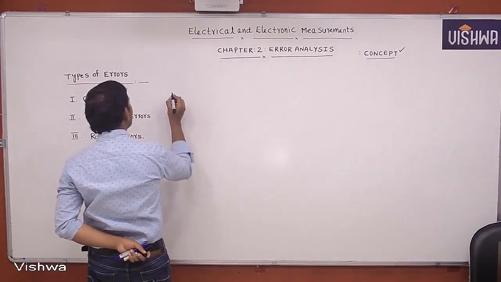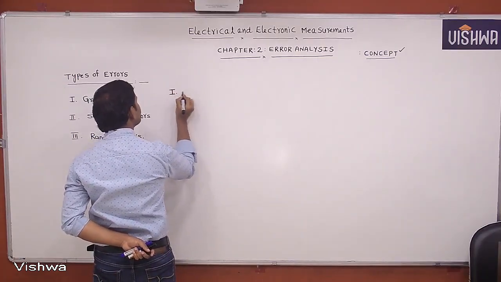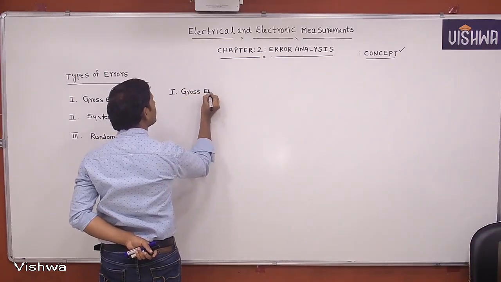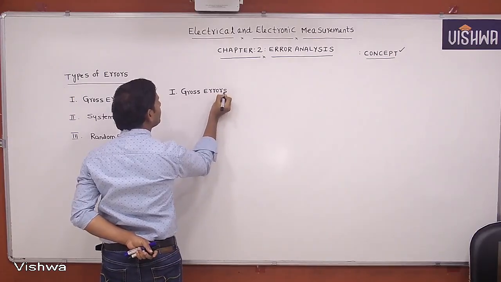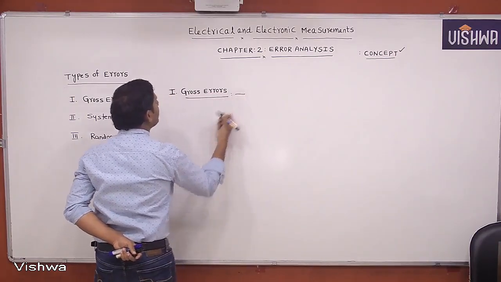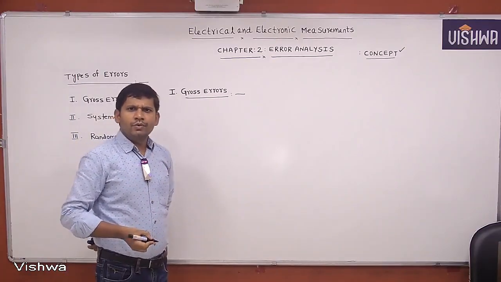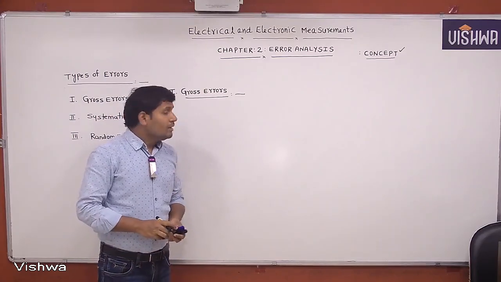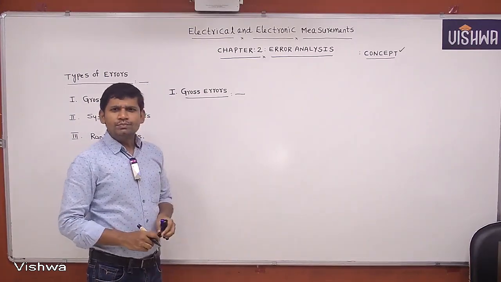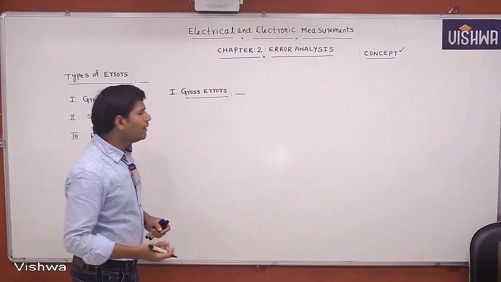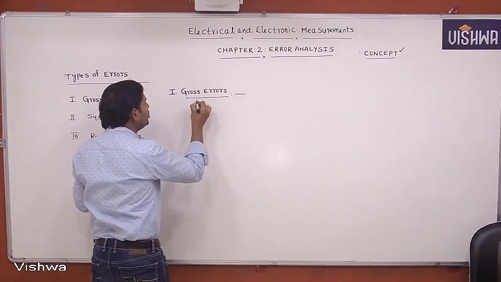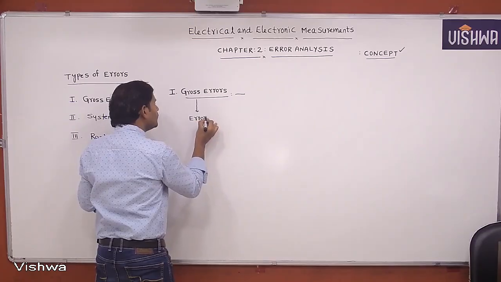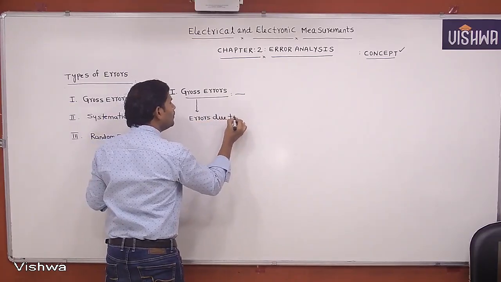Now we concentrate on what exactly gross errors are. What do you mean by gross errors? What is the reason for gross errors? These are the errors due to human mistakes.